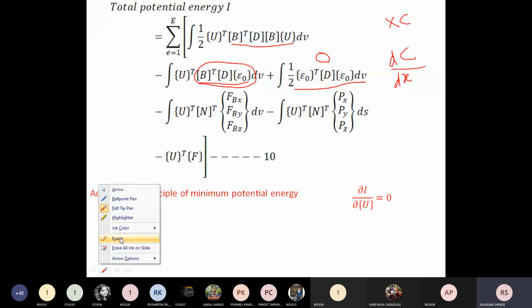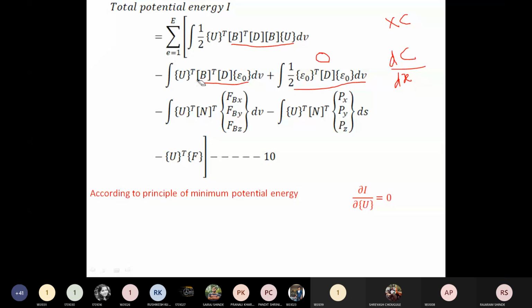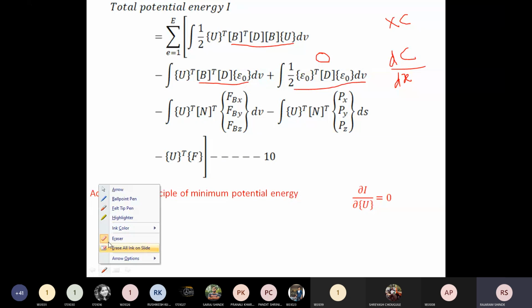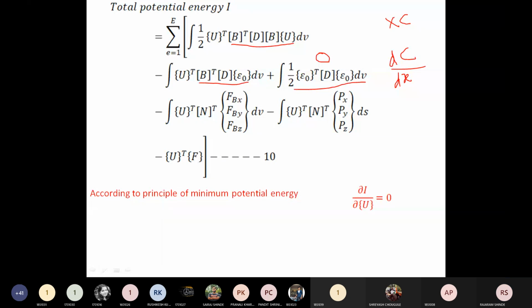I will mark one by one. This derivative is b transpose d epsilon 0. Okay, next, what about this derivative? Derivative of this term, Akshay Shinde. Derivative of the first body force term, it is, Akshay Patil.